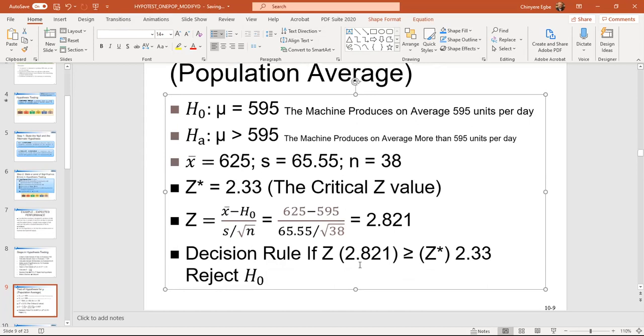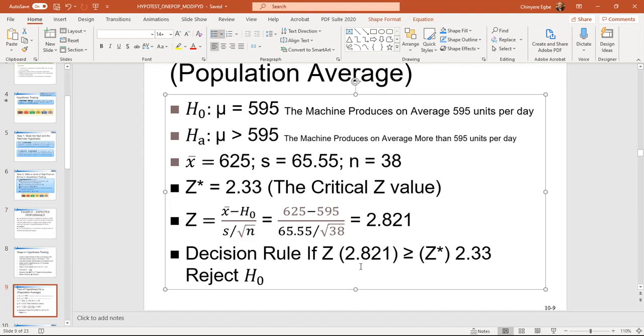All right. So now, given this information, what is your conclusion? Do you reject the null hypothesis or do you not? Can you repeat that, Professor? What is your decision?